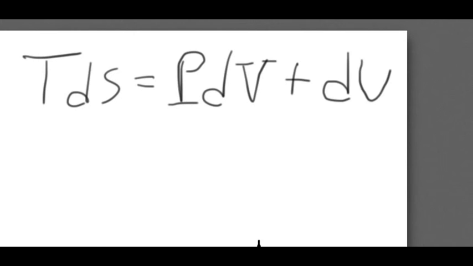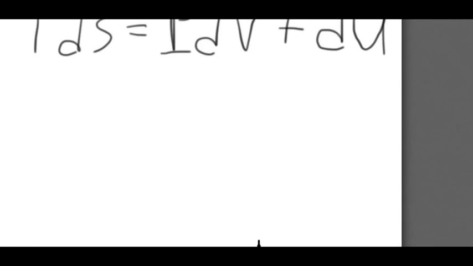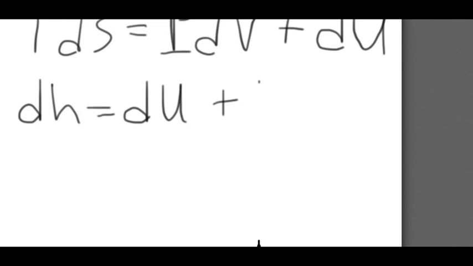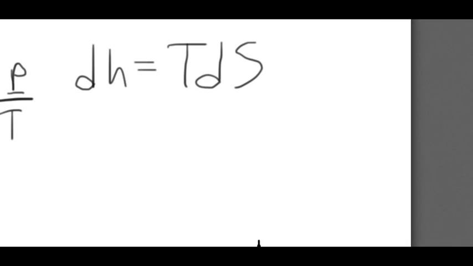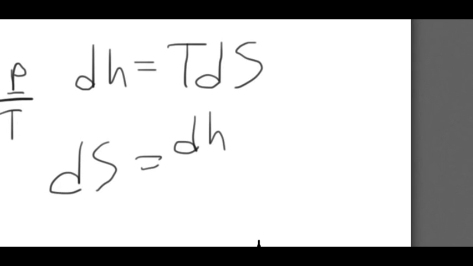So our change in enthalpy also happens to equal dU plus PdV. You see where we're going with this. So then we have dH equals TdS, and then we have dS equals dH over T. So this brings us to our change of entropy, final minus initial, equals delta H over T.